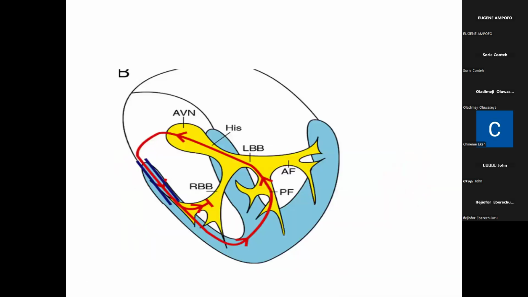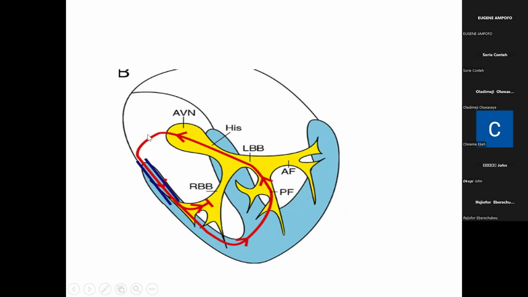So for AVRT, we all know that the aberrant tract is in another segment of the heart. It's not in the AV node, okay? Or can be close to the AV node sometimes. That is why we talk about a paraHisian tract, meaning that it's not in the AV node, but it's so close to the AV node, just by the side of the His.